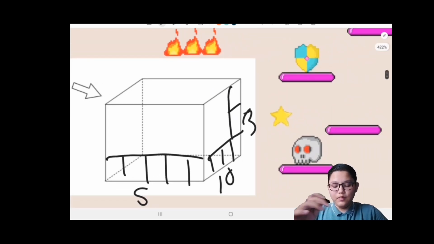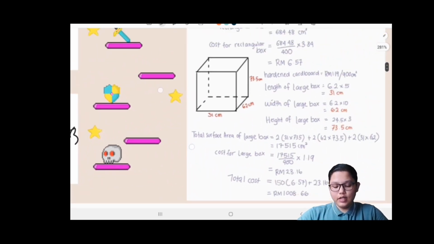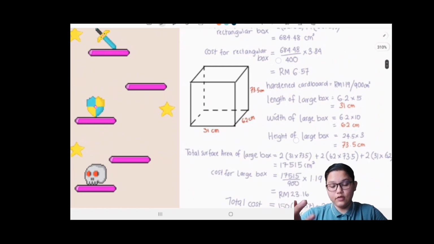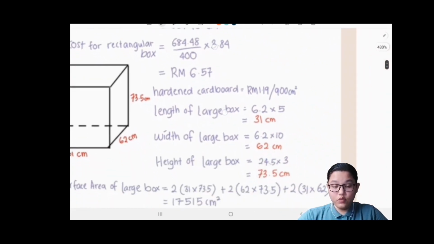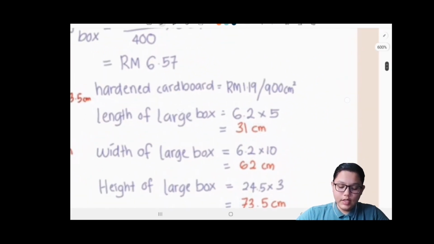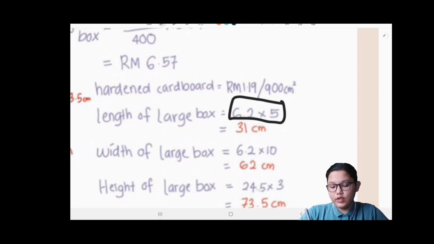From this we can calculate the length, width, and height of the large box. To calculate the length of the large box, all we need to do is multiply 6.2 by 5. So we got that the length of the large box is 31 centimeters.